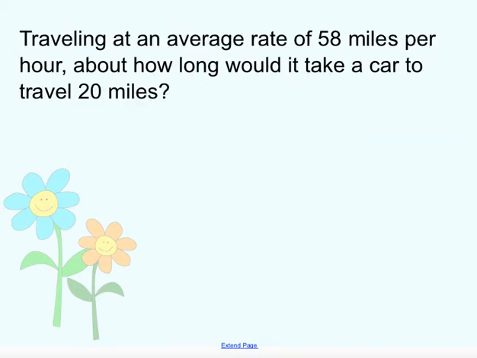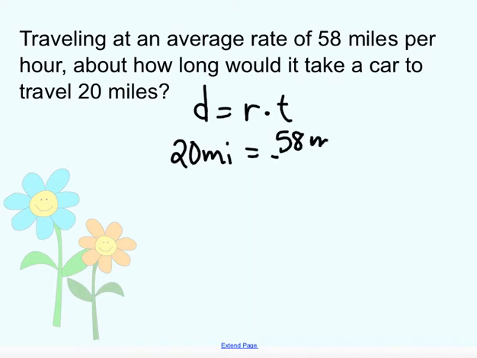Let's try another one. Traveling at an average rate of 58 miles per hour, how long would it take for a car to travel 20 miles? For this one, we set it up just slightly different. Before, we had our distance equaling our rate multiplied by how much time we have. But here, we know the distance, 20 miles. We know the rate, 58 miles over 1 hour.